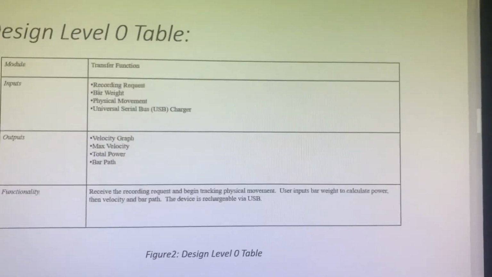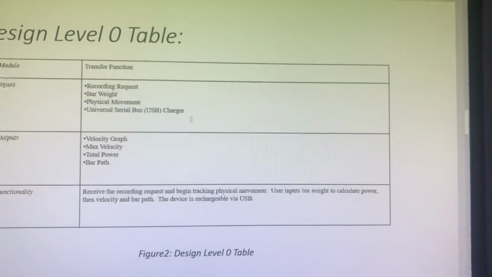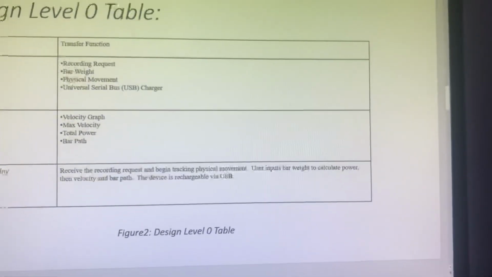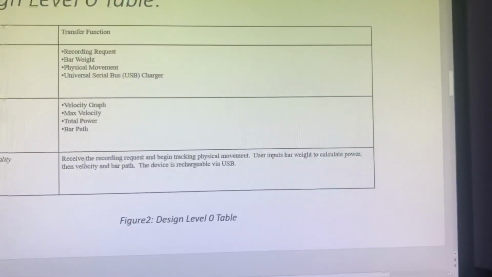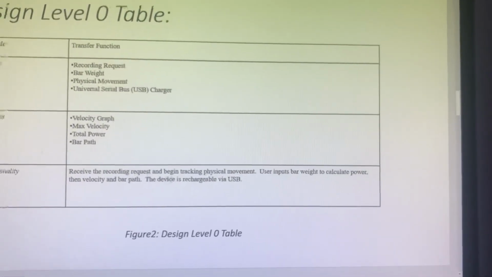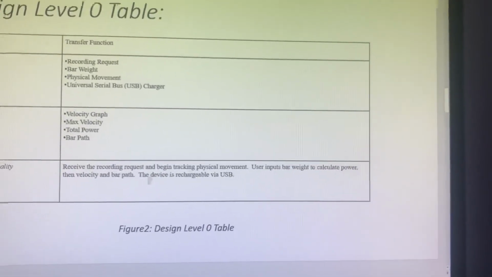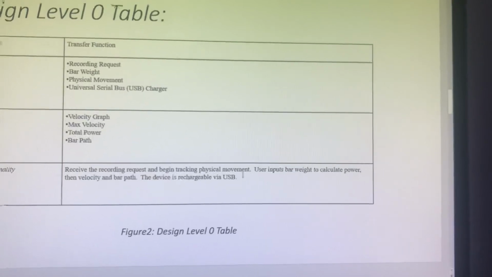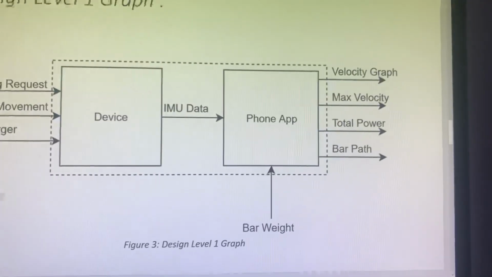Here are our inputs, as you see: record request, weight, physical movement. The outputs are as I mentioned before. Functionality: receive the recording request and begin tracking device movement. As I said, the device is rechargeable via USB.